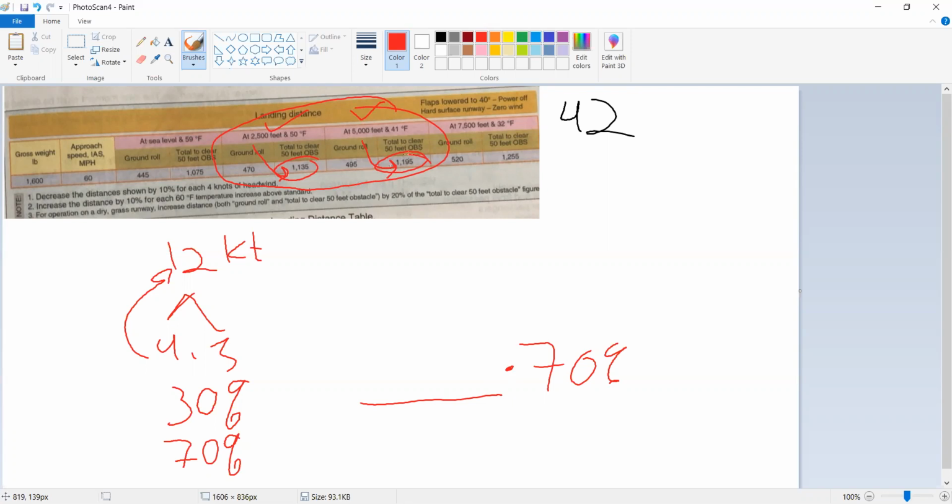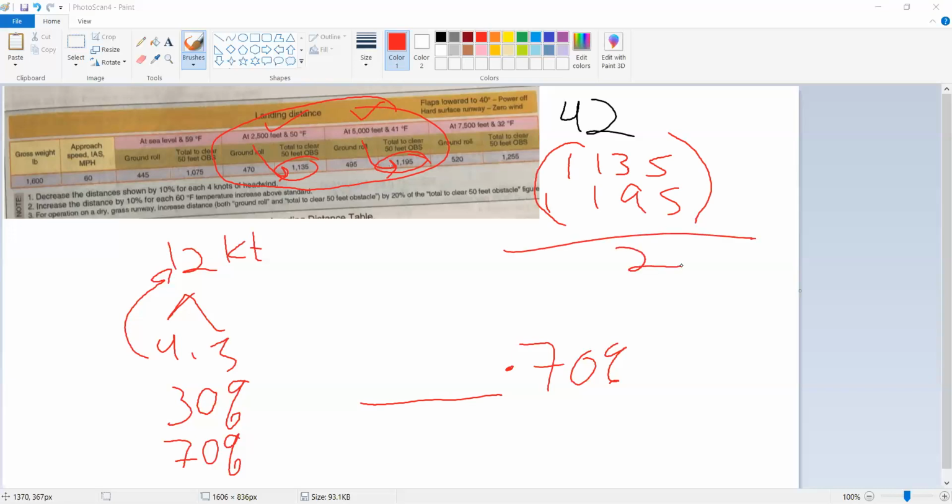So let's add them. So we have 1135 and 1195. We get these numbers and then we divide them by 2. All right, we get the sum of that. So we have 1135 plus 1195. We get the sum of 2,330.